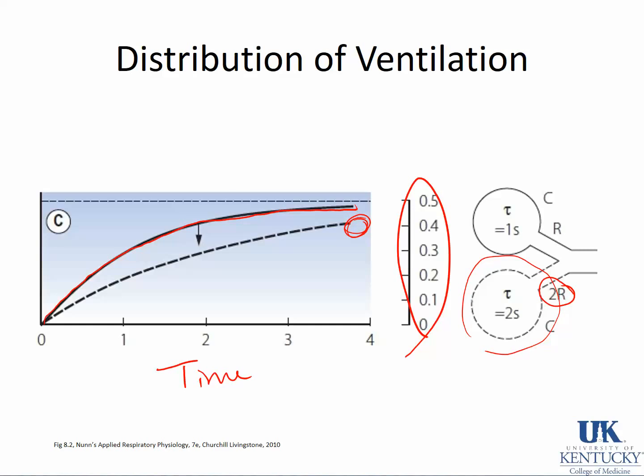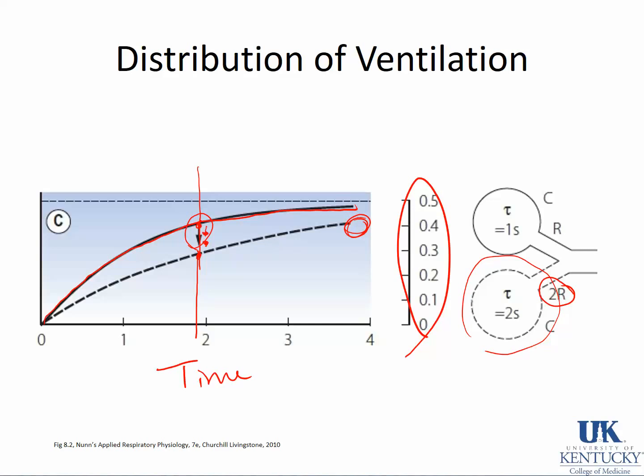But interestingly, the purpose of this arrow, and you'll see it in several of the other slides, is that if you hold inflation at this point, wherever the arrow is, the arrow shows the direction of gas flow. So what this basically says is that if you held ventilation at this point, then these lung units, instead of being here and here, this lung unit would decrease and it might be here, and this lung unit would increase in volume, it might be here.